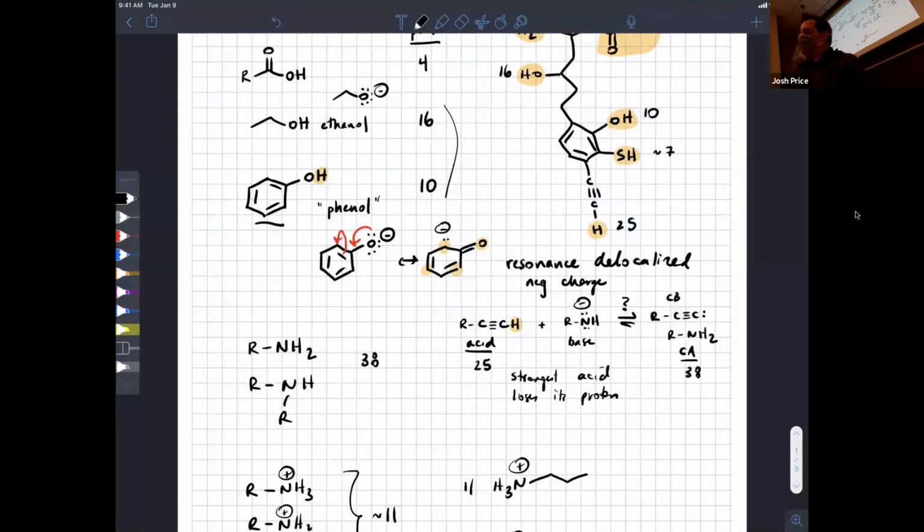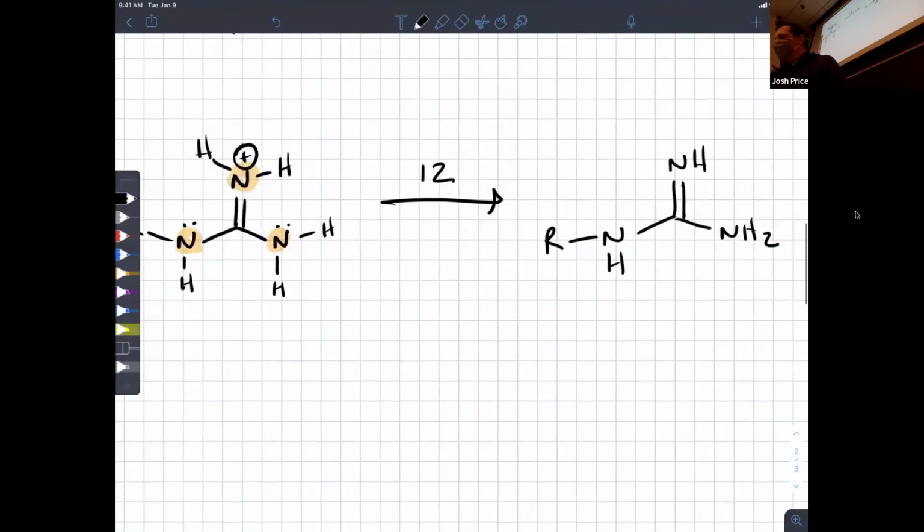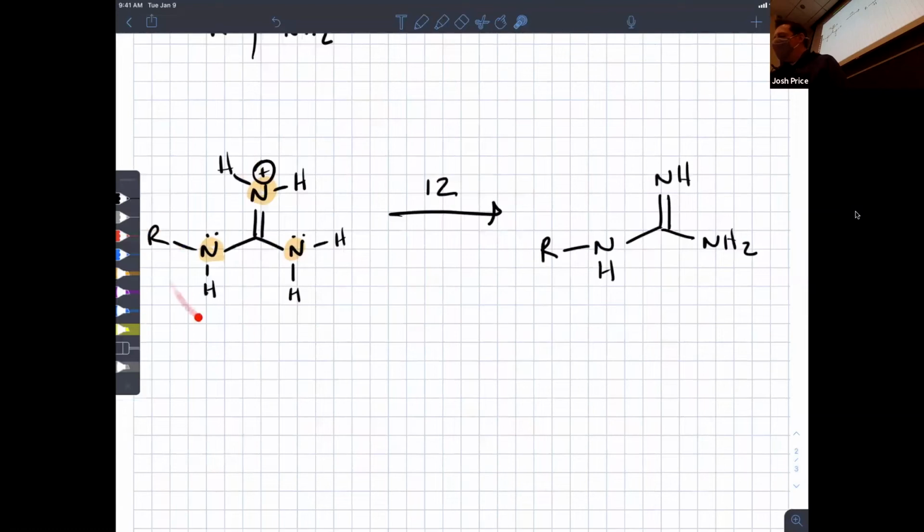There was a question on the chat. How is this group that I've shown you here different from a regular ammonium group? In an ammonium group, the positive charge is localized on the nitrogen. In this, it's called a guanidinium group, and you don't need to know that. You can delocalize that positive charge via resonance.